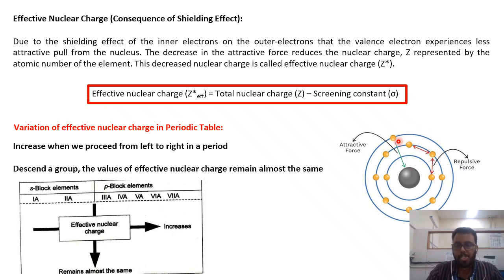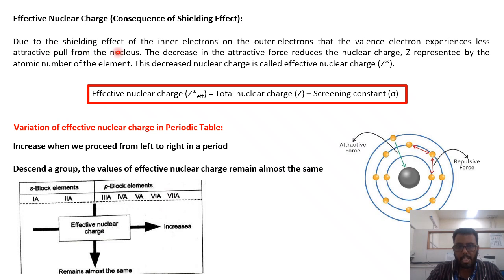Then which force contributes majorly to the shielding effect? The attractive force, that is, the attraction between the net positive charge of the nucleus and the negatively charged electron. The more the number of shells present here, the more the number of shielding electrons, and that leads to the shielding effect.